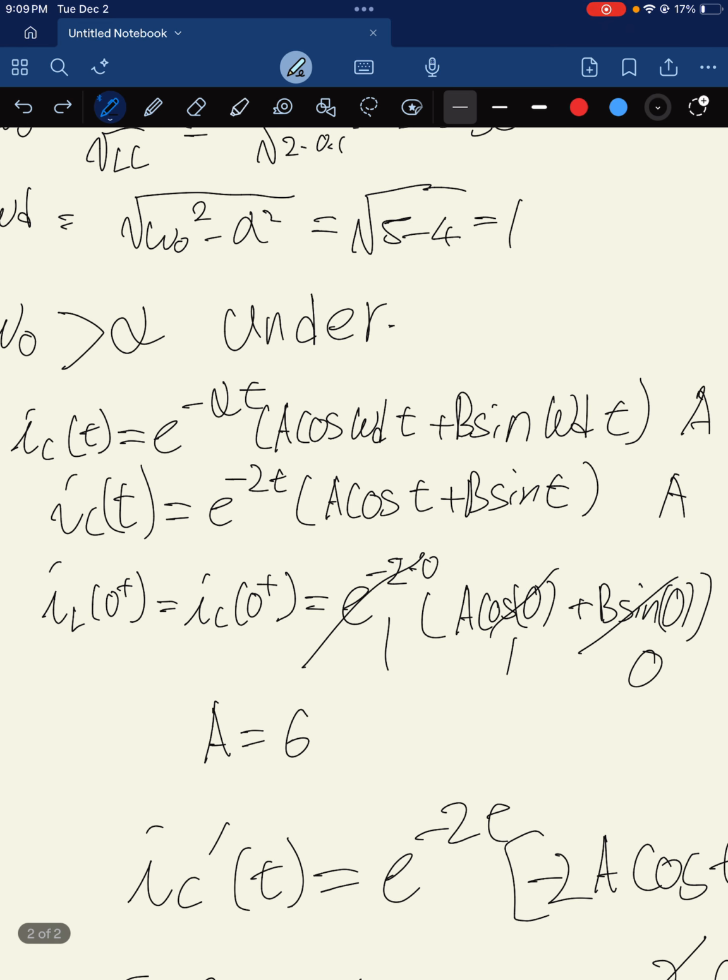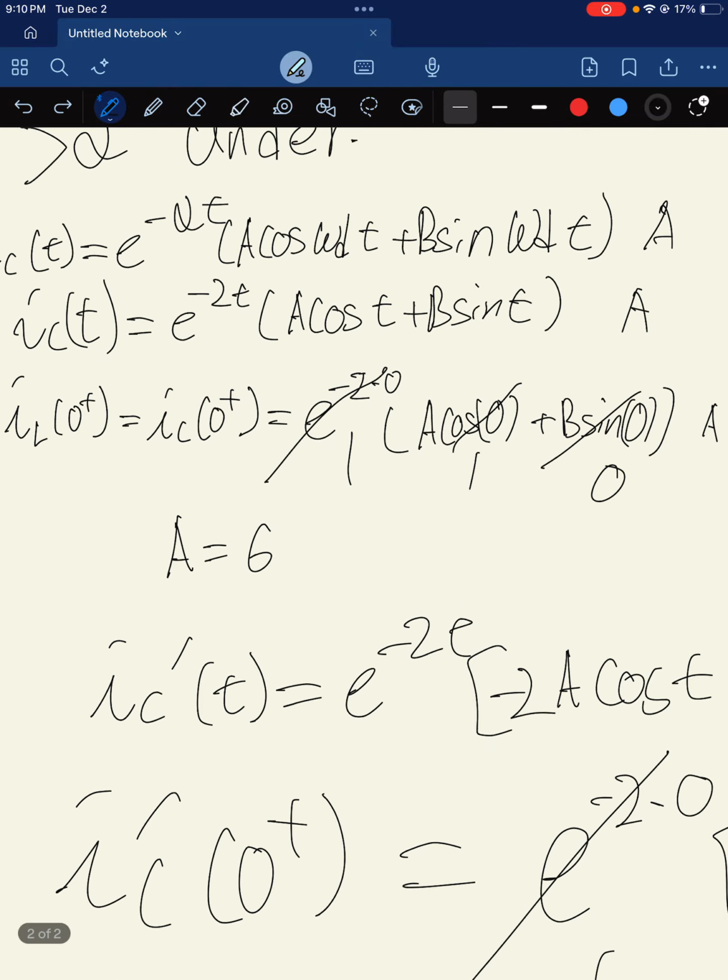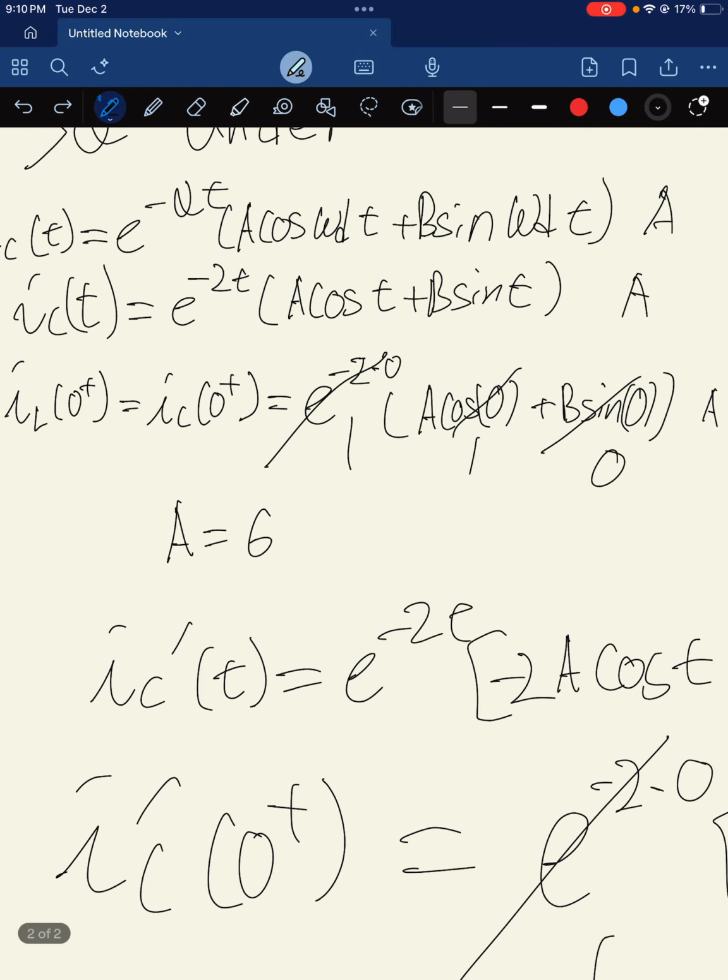With that information, we use the general formula for the underdamped series RLC. We plug in 0 to find out what A is.